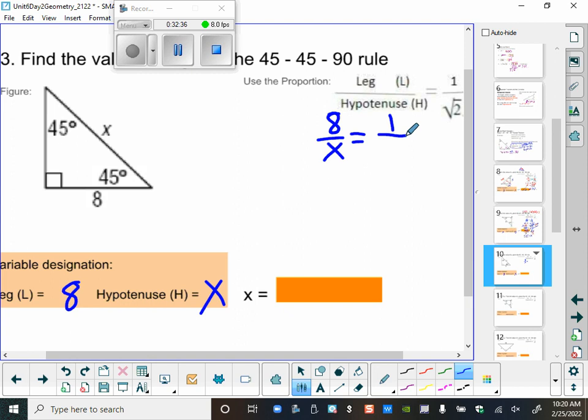Equals 1 over square root 2. Now, like before, what's our step we have to complete? Cross multiply. One times x or x, you're right. Equals. That's it. You hit it.